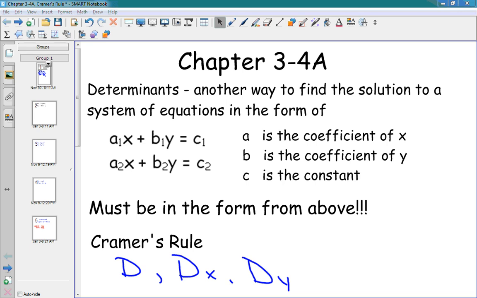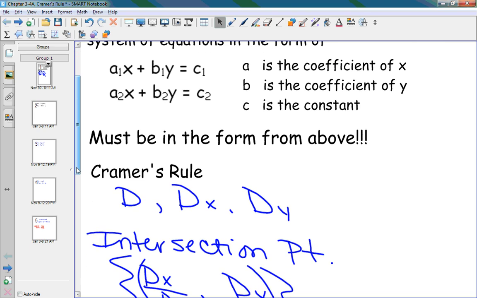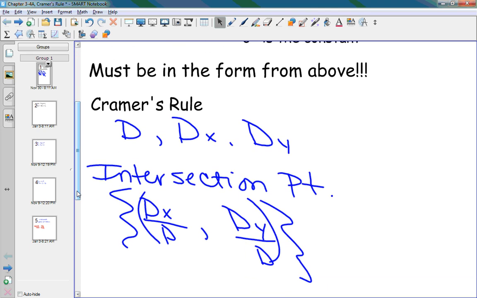The fifth equation. They must be in the form above in order to do Cramer's rule. Whenever I say Cramer's rule, that means D, Dx, Dy. The intersection point is going to be Dx over D, which is the x-coordinate, and then Dy over D, which is the y-coordinate. Do we understand that?